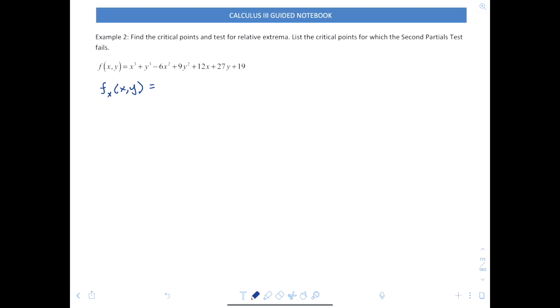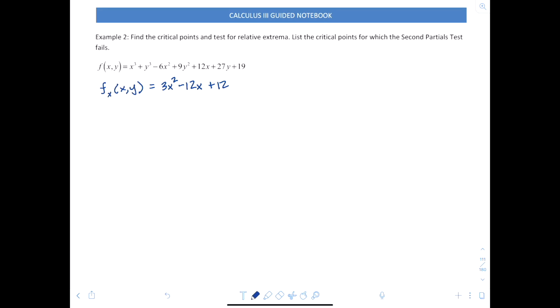That's going to equal to 3x squared, second term zeroes out, minus 12x, fourth term zeroes out, plus 12, fifth term zeroes out, and sixth term zeroes out. Cool so far? Let's just find all of our partials and then go from there.